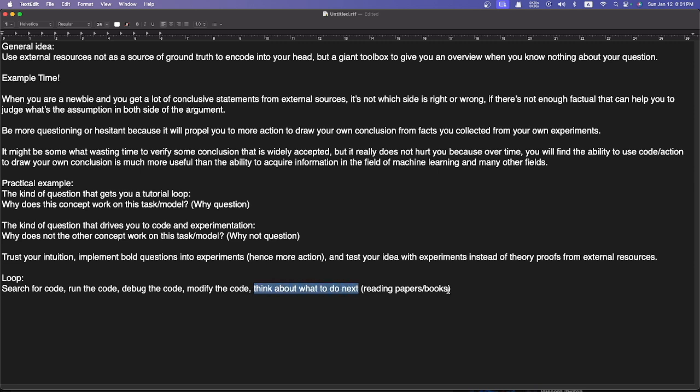Then it's time for you to read more papers and more books, but also remember that those external resources are not a source of ground truth. Read them as an overview when you probably know nothing about a certain concept or technique.